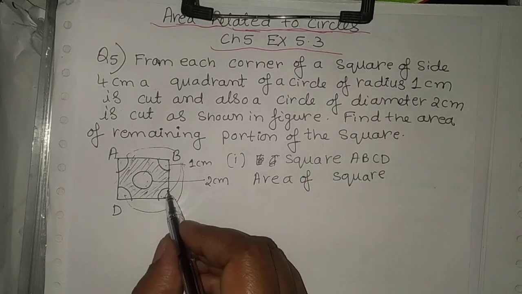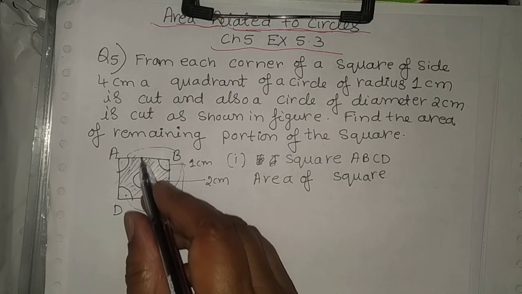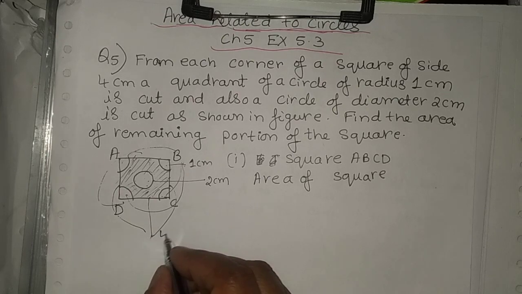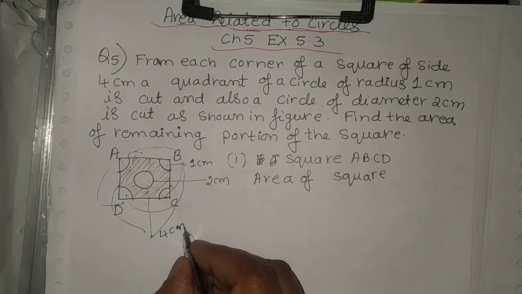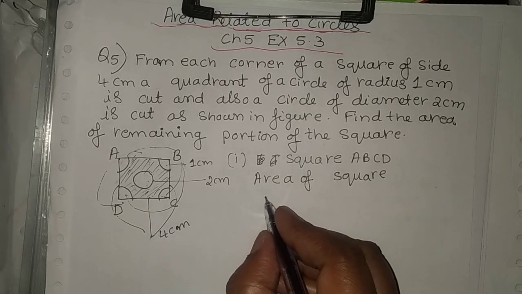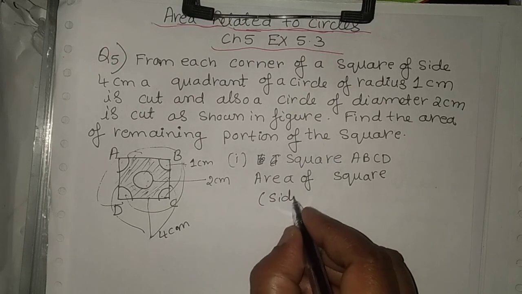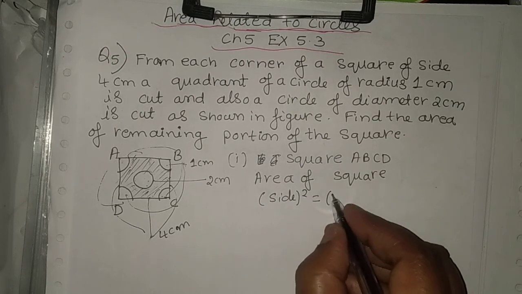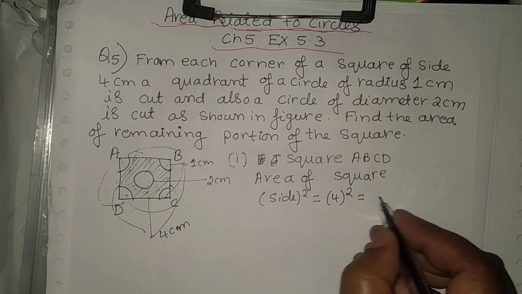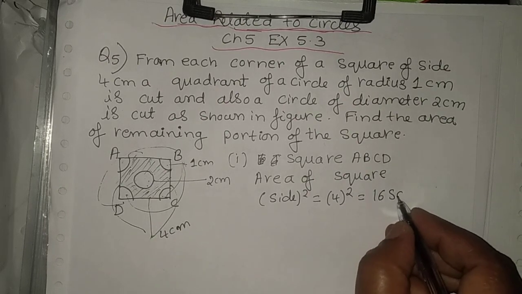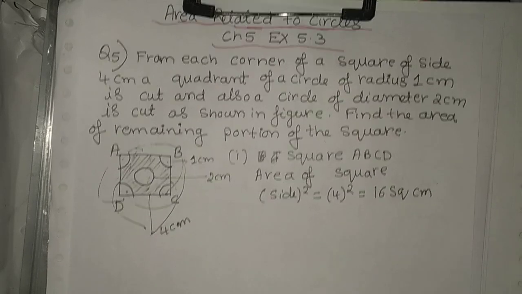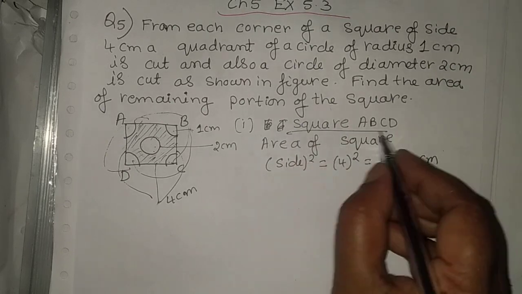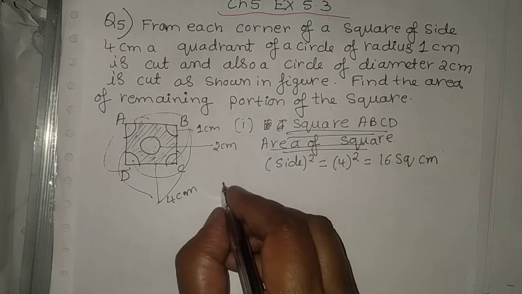They have given each side as 4 centimeters. So area of the square is side squared, which is equal to 4 centimeters squared, which is equal to 16 square centimeters. This is the first part of the question, finding the area.